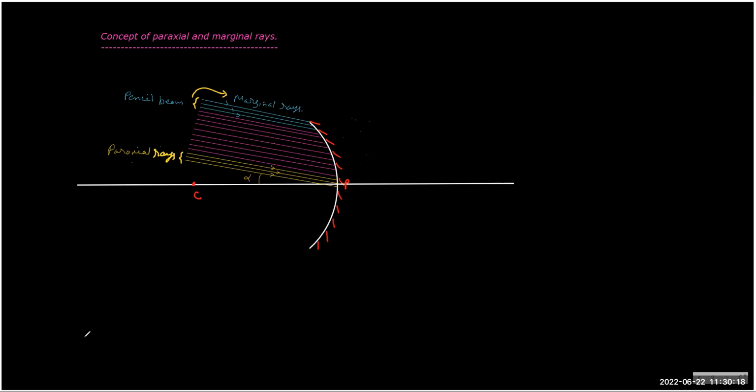So in such a case, when we have a beam which is either parallel or at some angle to the principal axis, it gives rise to two different concepts, and one is called the primary focus and another is called the secondary focus. So now we need to understand these two concepts in detail.